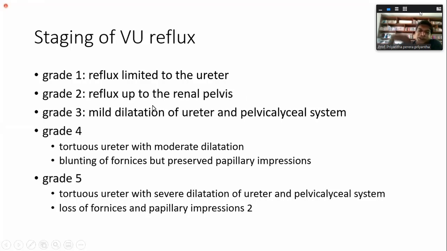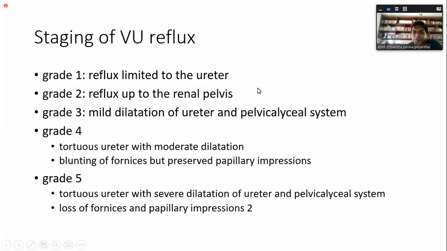Reflux going up to the renal pelvis is grade 2. Then mild dilatation of the ureter and pelvic system is grade 3. Tortuous ureter with moderate dilatation of the pelvic system, where the papillary impression is preserved, is grade 4. In grade 5, the papillary impression becomes lost.